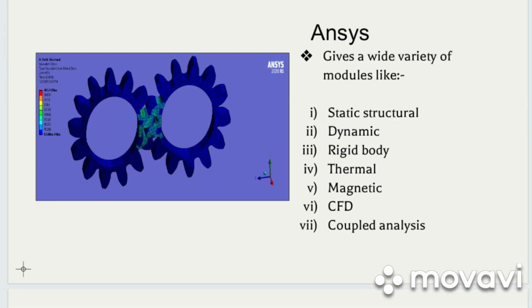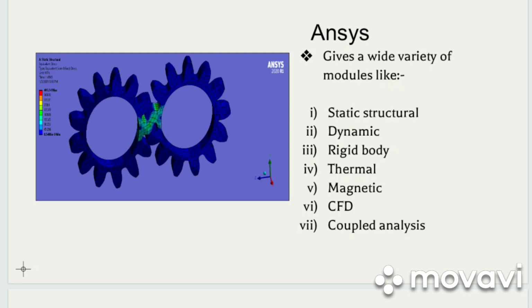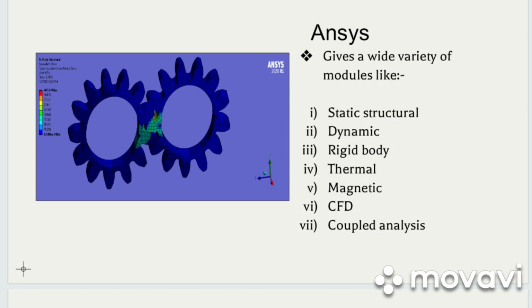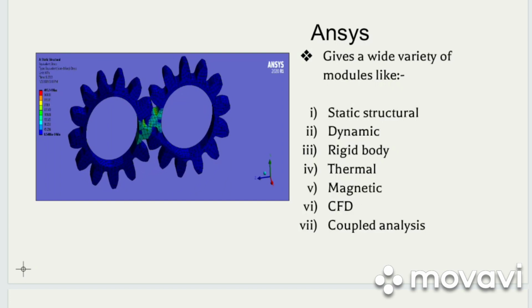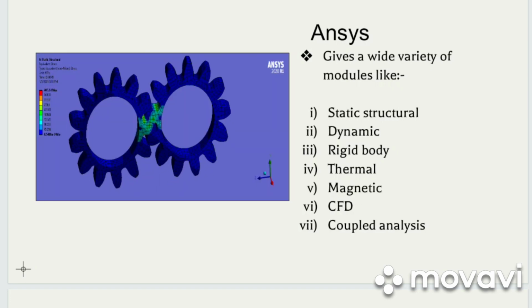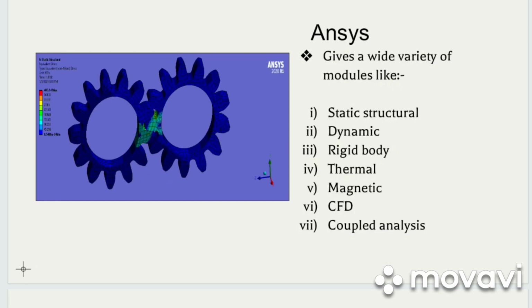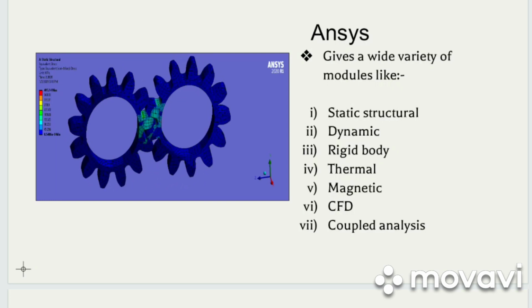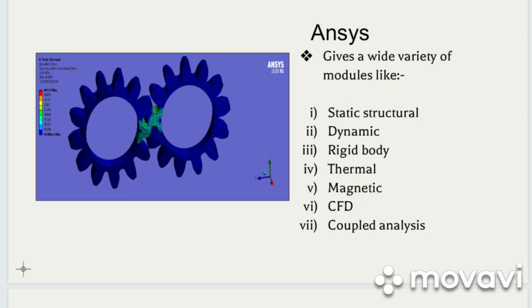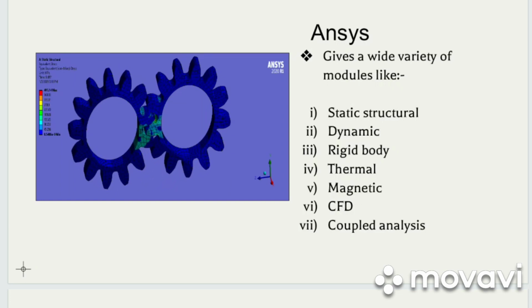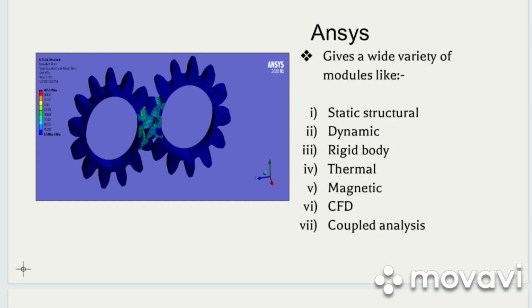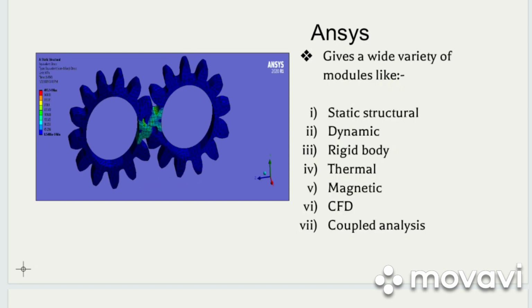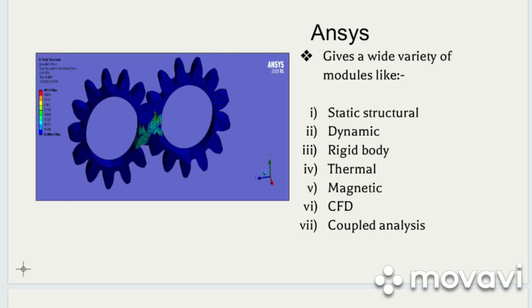Now, Ansys is one of the most widely used analysis tools because it offers a wide variety of different modules, and because of that it is very helpful. And when I say module, there are different kinds of analysis. If you want to find out the stresses, you have to go for the static structural module.